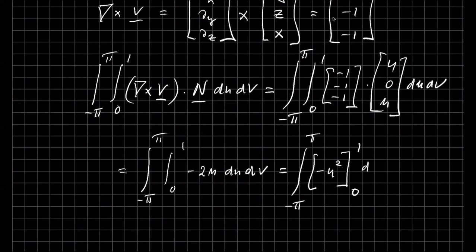The lower limit doesn't contribute, so there's a minus 1 from the upper limit, and then it will be minus the interval length in the v direction, so this will be minus 2 pi. So you see, when you use Stokes, you get the same result as if you have calculated the circulation directly. Okay.